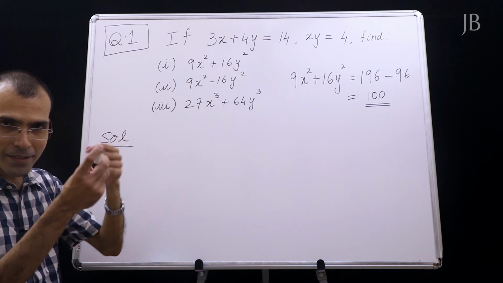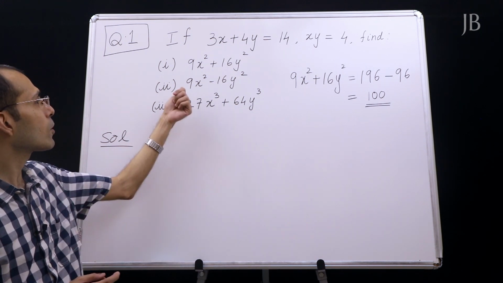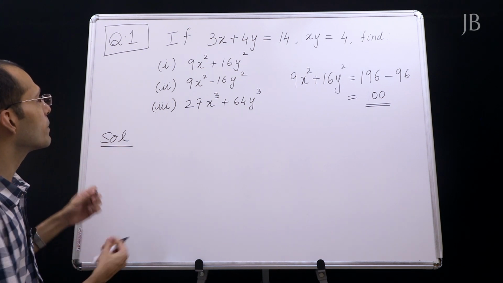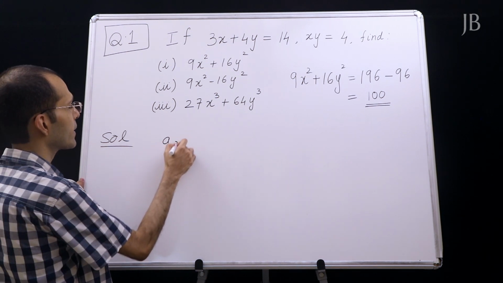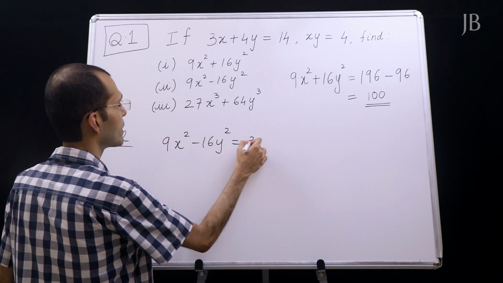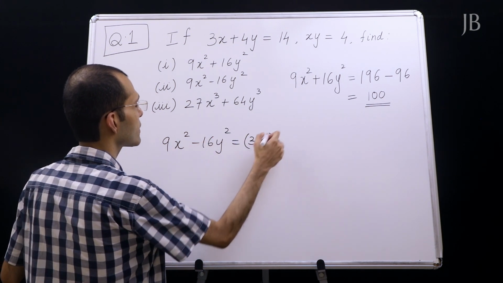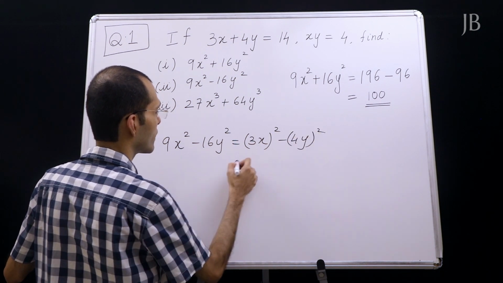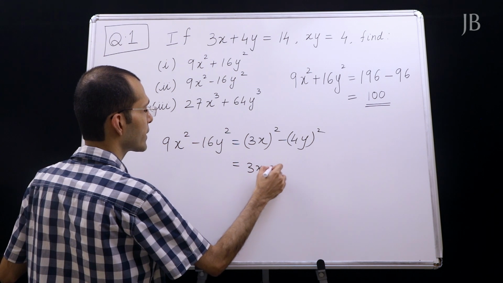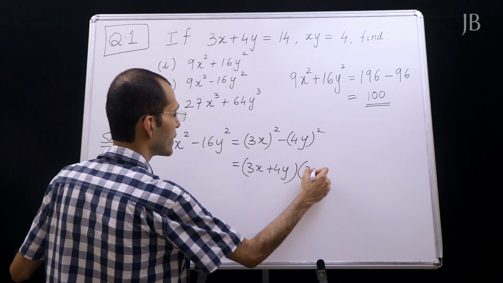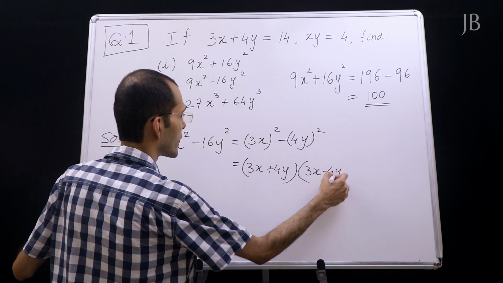So here factorization will help you. Recall, what is 9x square minus 16y square? It can be written as 3x the whole square minus 4y the whole square. This will be 3x plus 4y into 3x minus 4y.